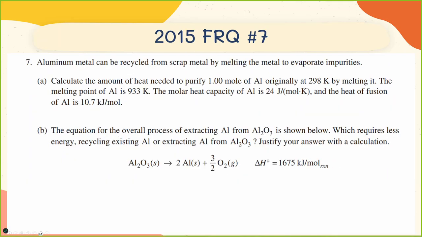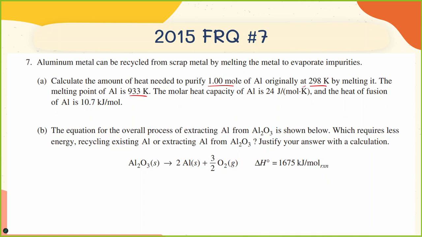All right, so this one is an old FRQ. It's based off of the heating curve. It gives you 1 mole of aluminum at 298 K. Calculate the amount of heat needed to melt it.